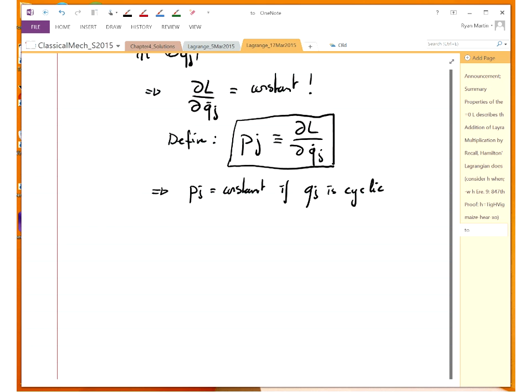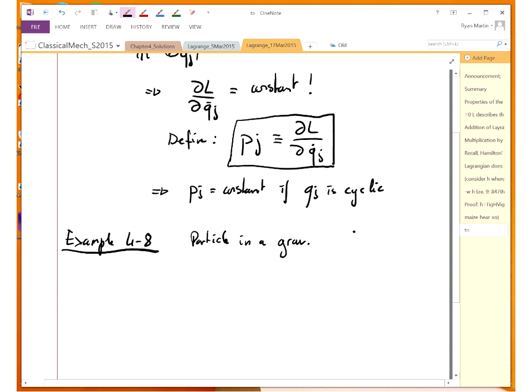So let's get a deeper insight into what that Pj could possibly be. So example 4.8. Same example I think we already did in this lecture. Particle in a gravitational field.